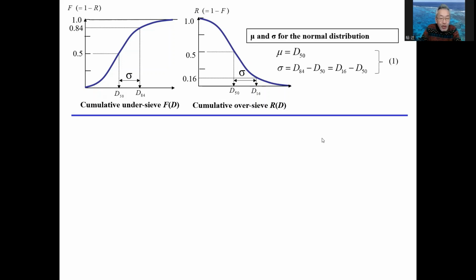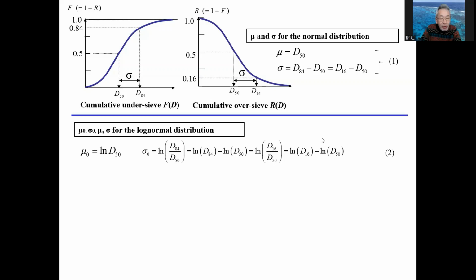First, I'll show the case of the normal distribution. The mean size mu and standard deviation sigma are shown by equation 1. Next is the case of log normal distribution. The log mean size mu 0 and log standard deviation sigma 0 are shown by equation 2.